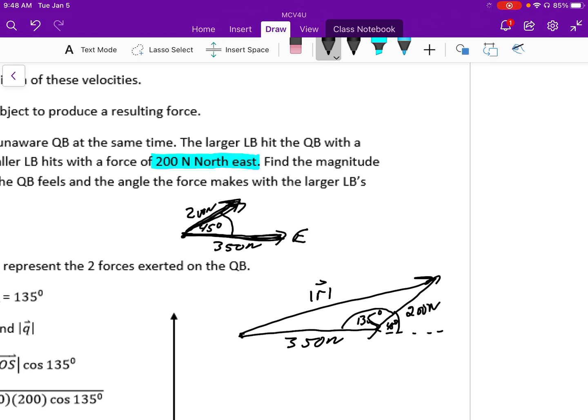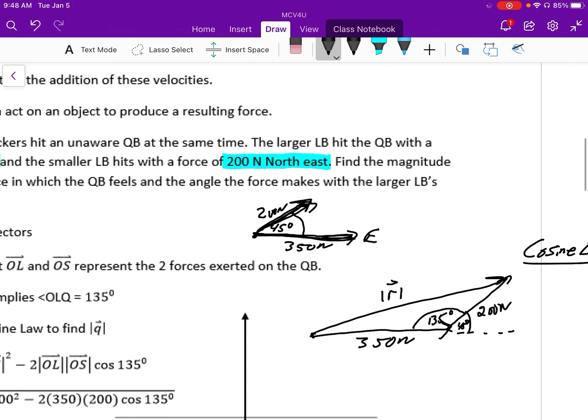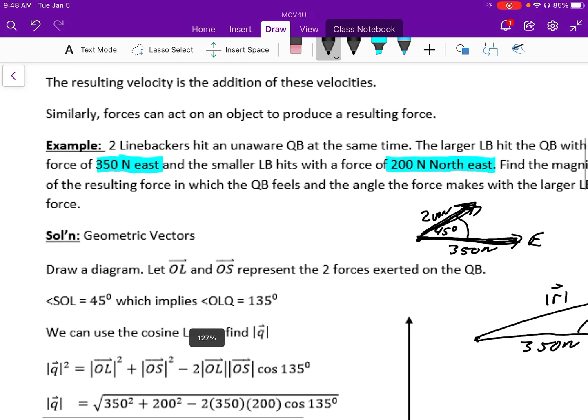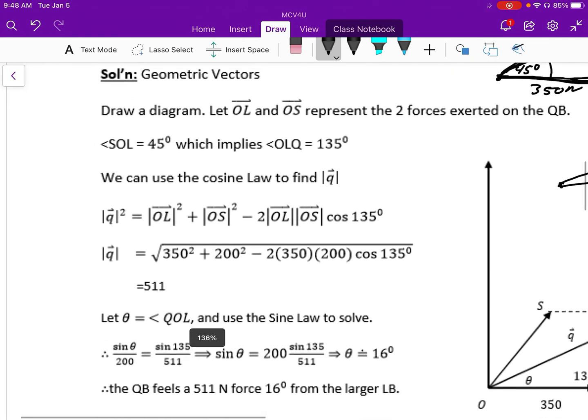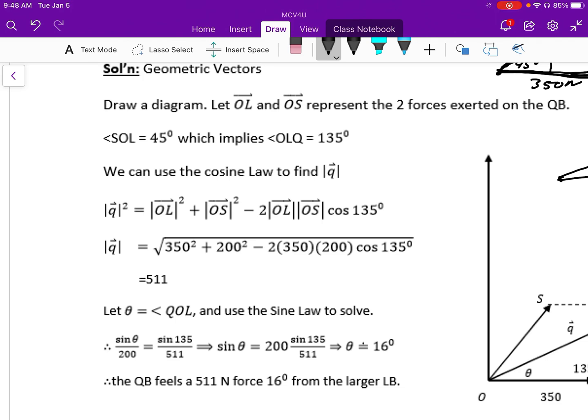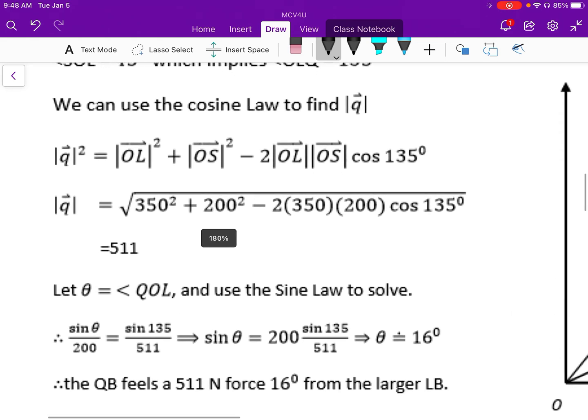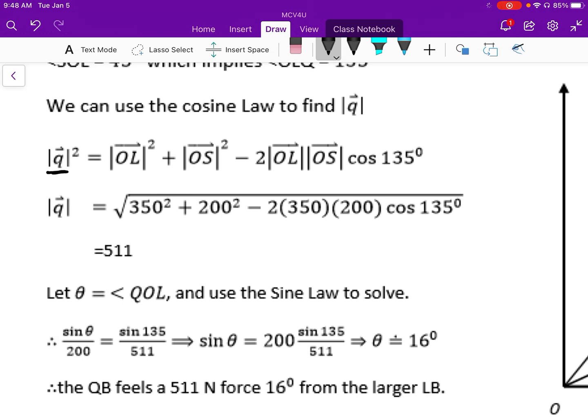You've got two sides with a contained angle. How do you solve? You solve using the cosine law. Get that in our minds. This is what we're doing. So we find the magnitude using the cosine law itself. I've already put this down on the sheet, so we can take a look at it. In this case, I've got it as Q, my R. We're using the cosine law.